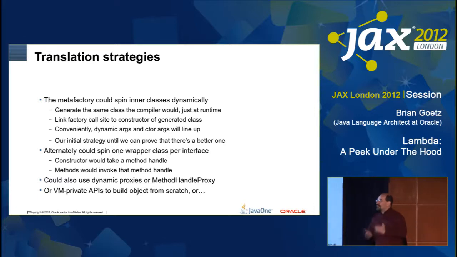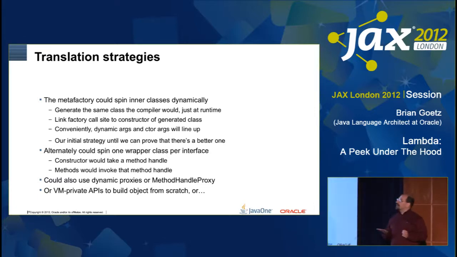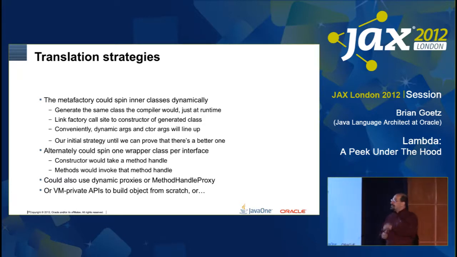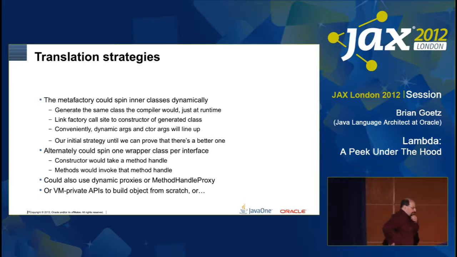Okay, so what happens behind the bootstrap? Well, we've got all of these choices. One option, which is going to be our first version, probably the one that will ship with 8, is we'll spin the same inner class the static compiler would have spun, but we'll spin it at runtime.